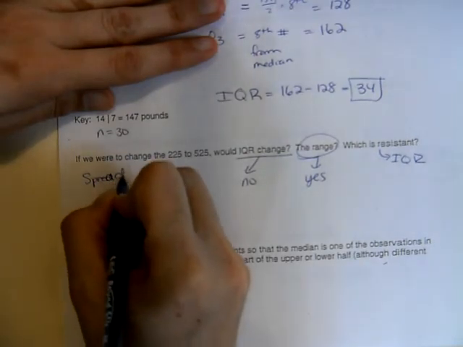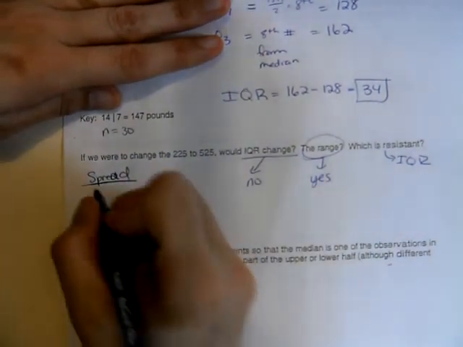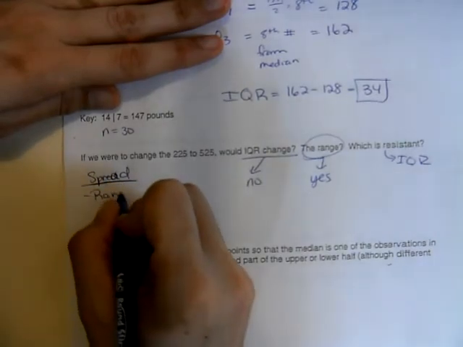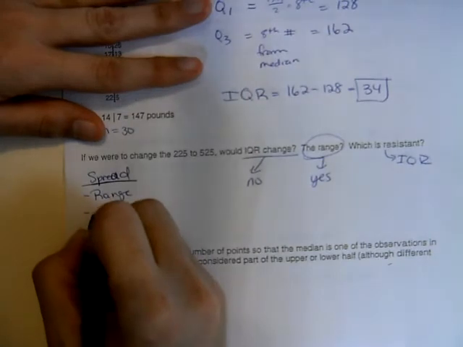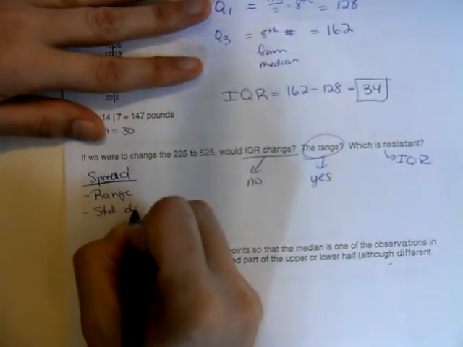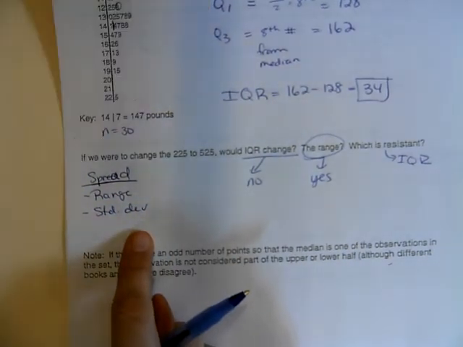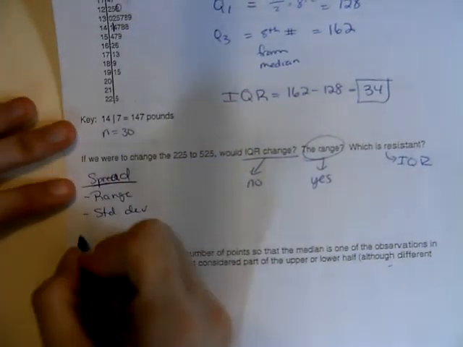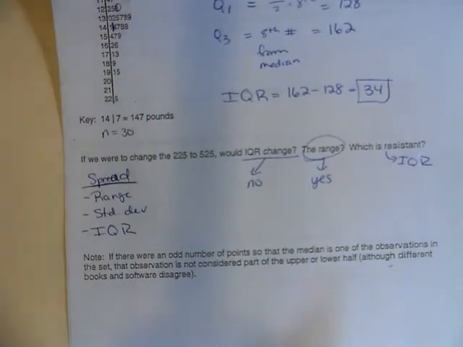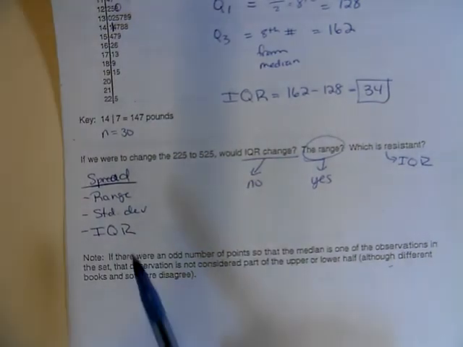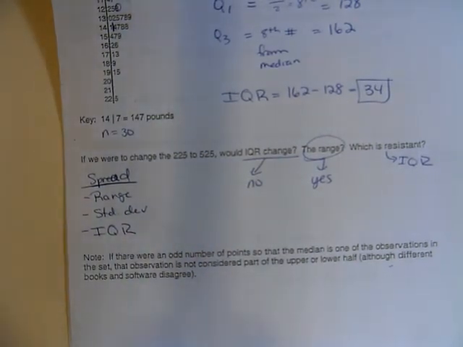You basically have 3 options. You can talk about the range, but again, it's not resistant. You can talk about the standard deviation, which comes in handy if you have a small amount of things, or you can talk about the IQR. Okay, so you have 3 options here. Just like with center, you had mean and median, for spread you have 3 options.